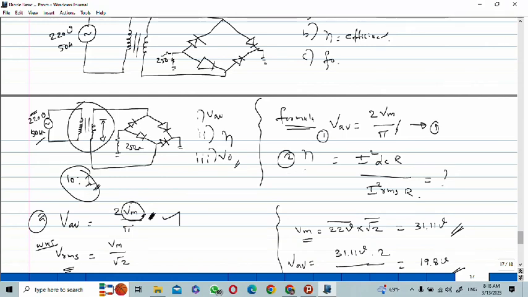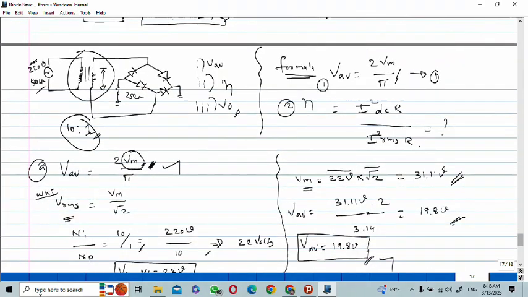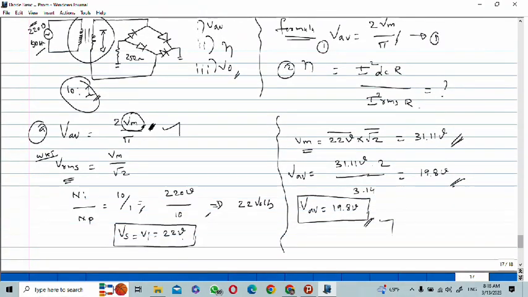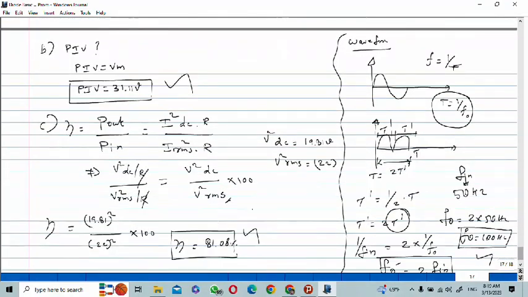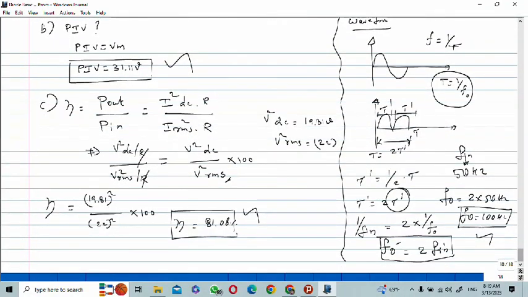So we need to substitute the number of turns and reduce this value. We get this 22 volt. From this 22 volt, substituting 22 into root 2, we will get Vm. So substitute this Vm in the formula V average equal to Vm by pi. Automatically we will get 19.8 volt. So this is the voltage across the load, V average or VDC. After that we get peak inverse voltage equal to Vm, and then efficiency, and finally output frequency.